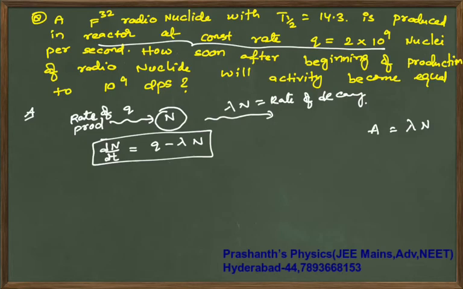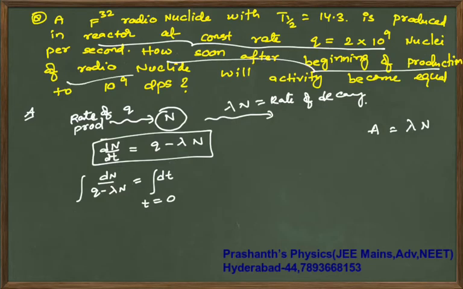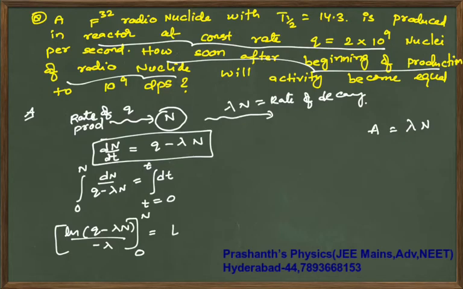Now integrate dn by Q minus lambda n equal to dt. How soon after the beginning of production? That means initial value 0. After time t, let us say it is some n. We have seen it is ln of Q minus lambda n by minus lambda, from lower limit 0 to upper limit n, equal to the integral of dt from 0 to t.